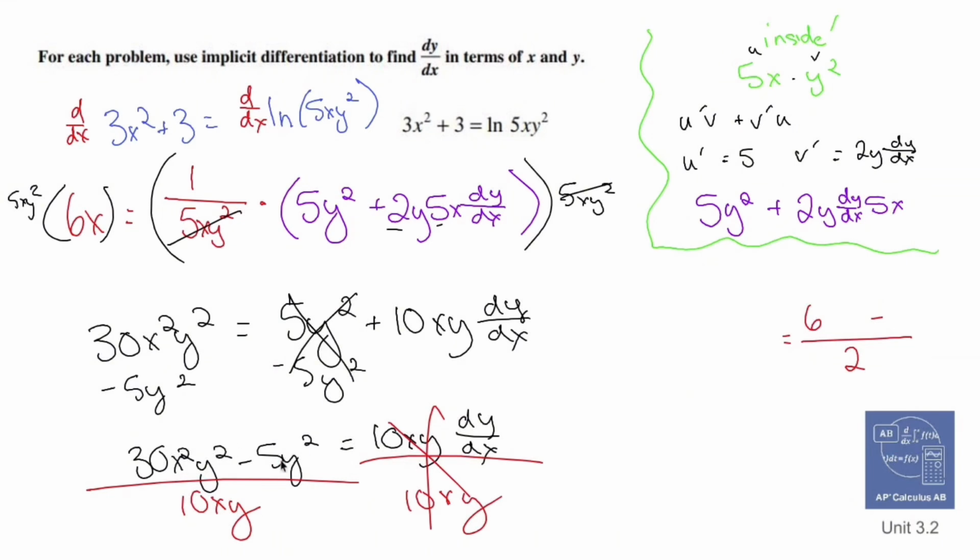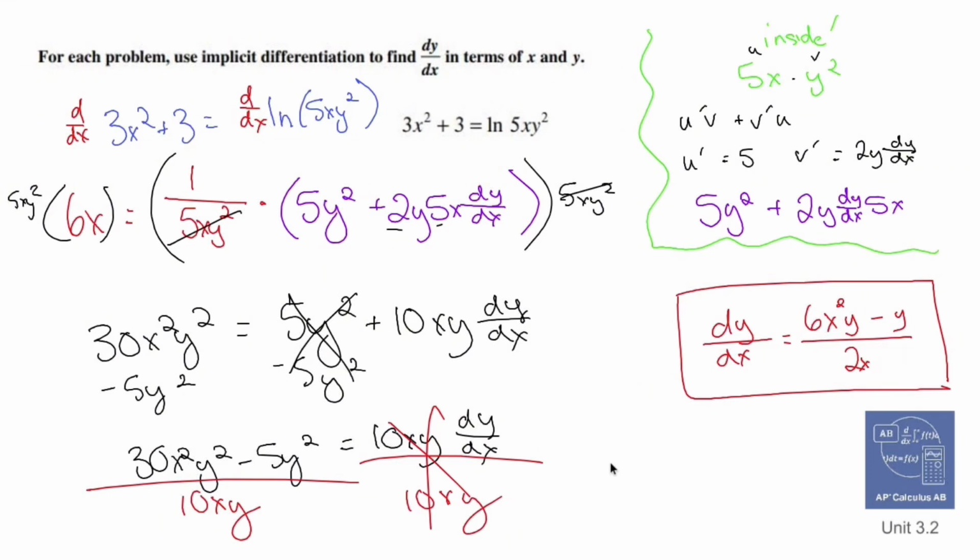There's no x in common, so x squared becomes x. But they each have a y in common, so y squared becomes y, and the y is now gone. And so that leaves us with dy/dx equals (6x squared y minus y) over 2x.